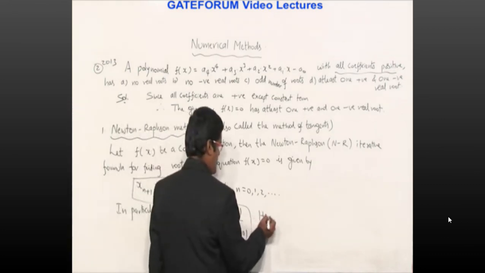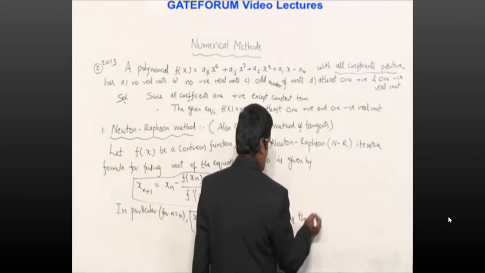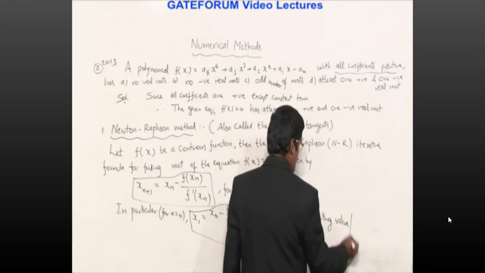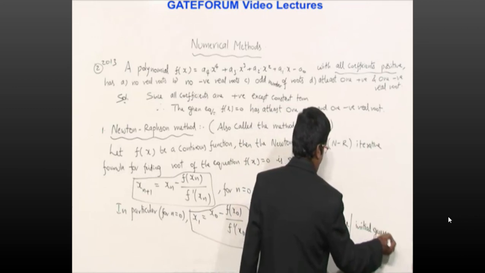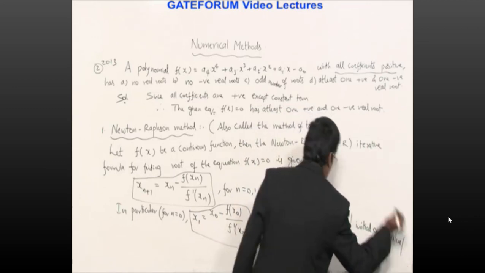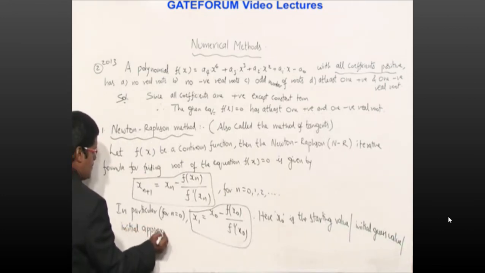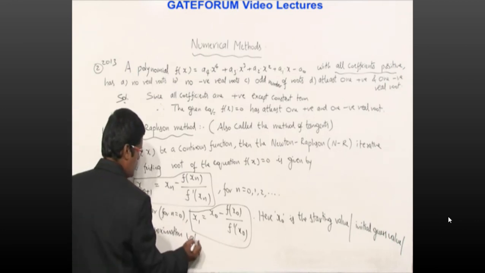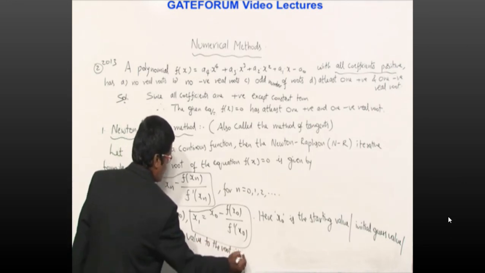Here x naught is the starting value or initial guess value or initial approximation value to the root alpha.